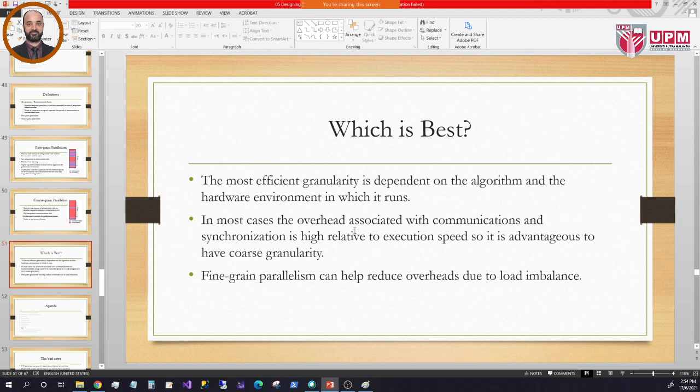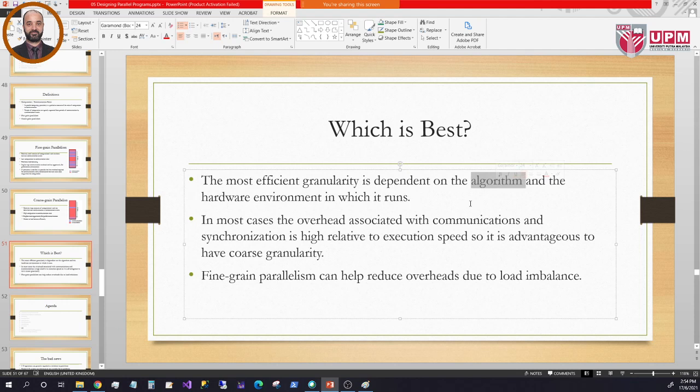So let us go through the slide here and see the theoretical part. The most efficient granularity is dependent on the algorithm and the hardware environment in which it runs. Here the hardware and the algorithm itself are very important.